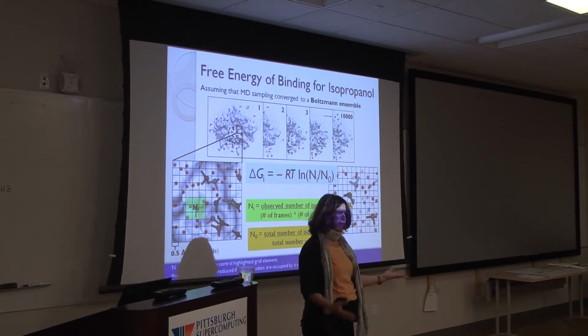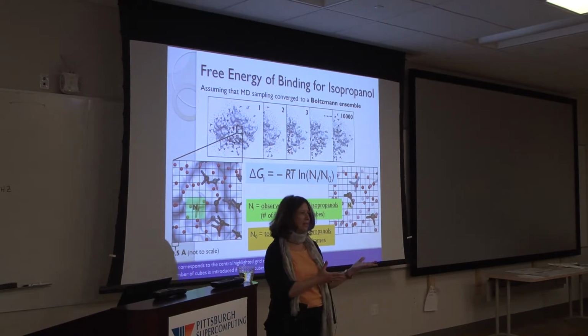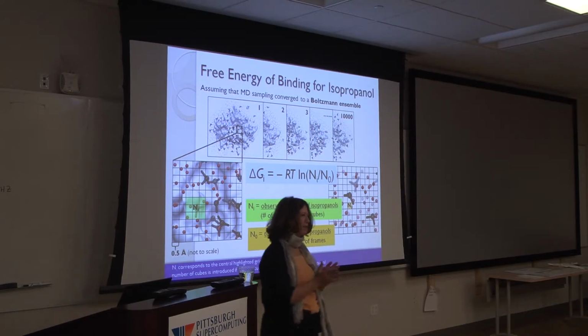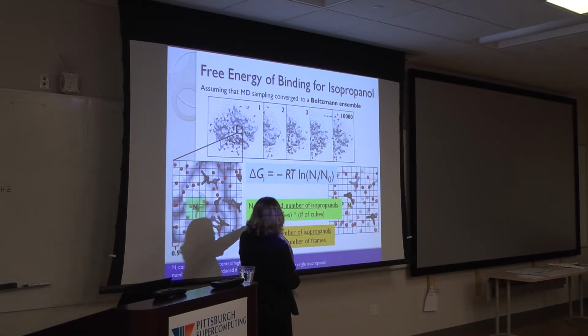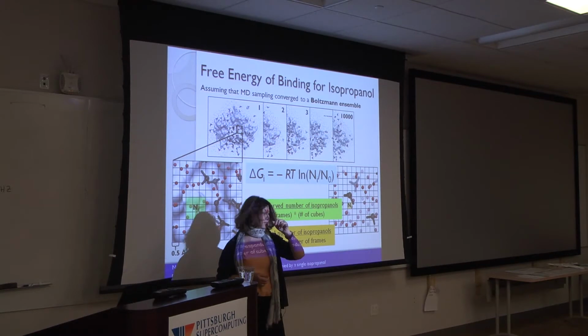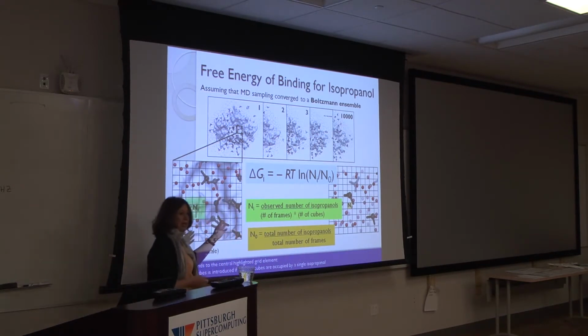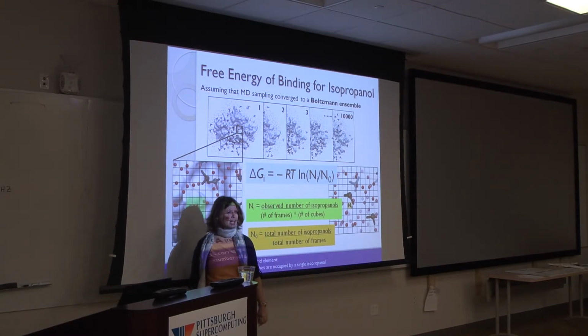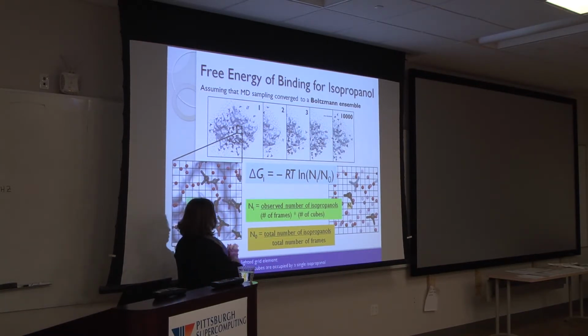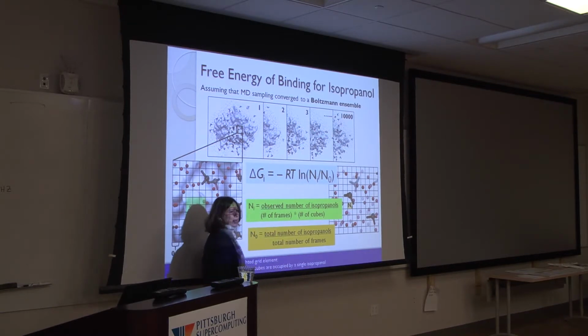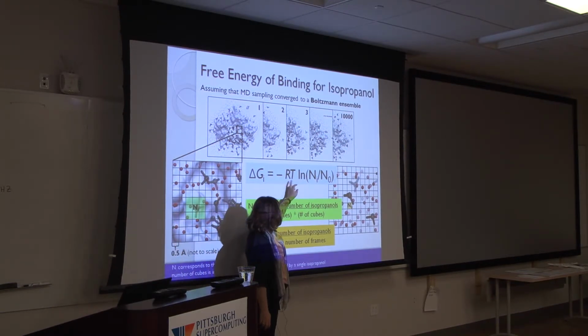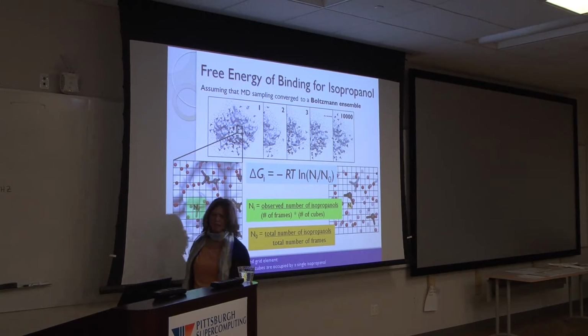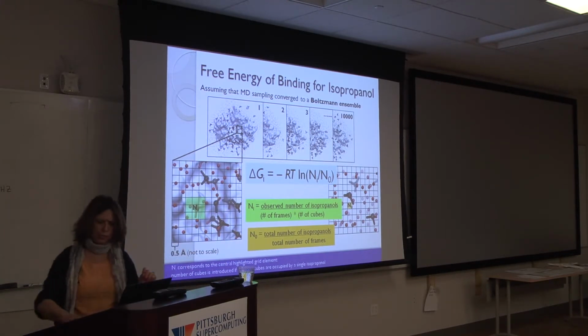RT is the gas constant or Boltzmann constant multiplied by the temperature. R is 1.987 times 10 to the power minus 3 kcal per mole per Kelvin. And T is, let's say, at room temperature 300 Kelvin. You multiply them, the product is 0.6 kcal per mole. 0.6 kcal per mole multiplied by 0.69, it's about 0.4.